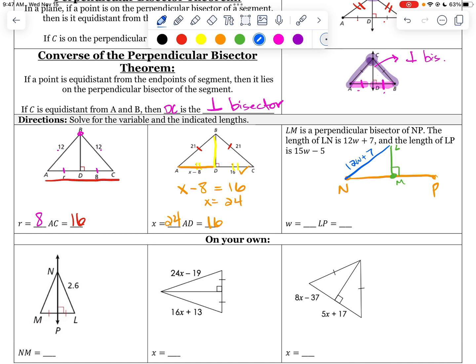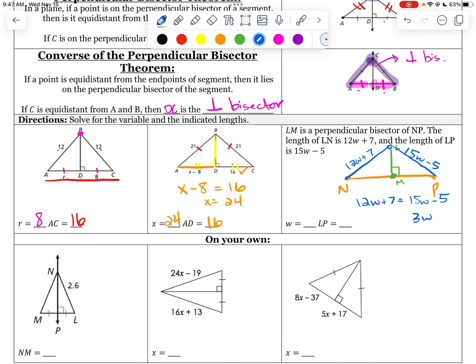The length of LP, it's got to be equal because we know it's a perpendicular bisector, is going to be 15W minus 5. So now we can set those two equal to each other because L is on my perpendicular bisector. 12W plus 7 equals 15W minus 5.